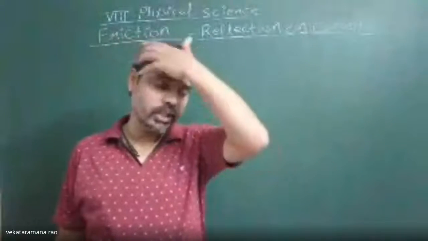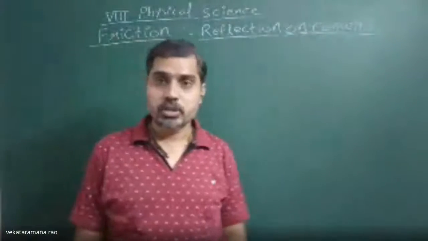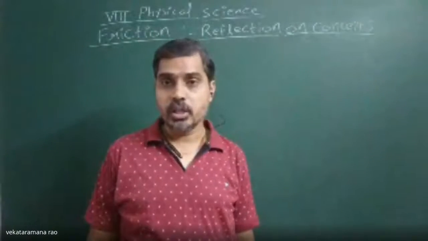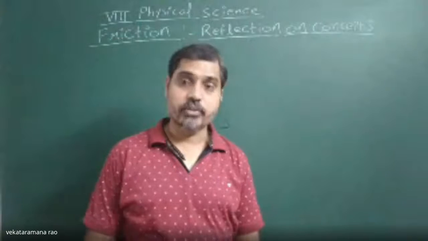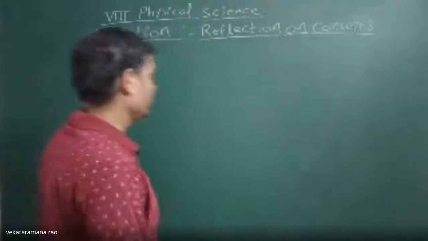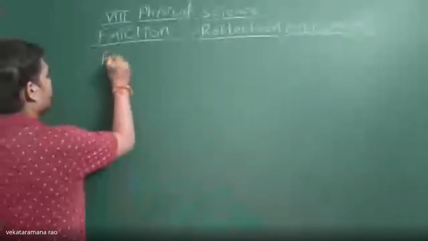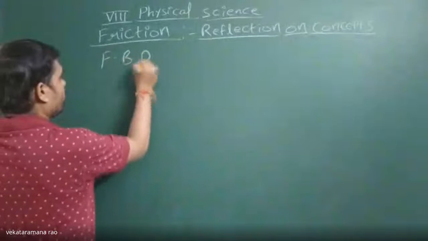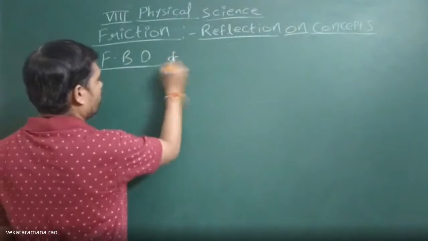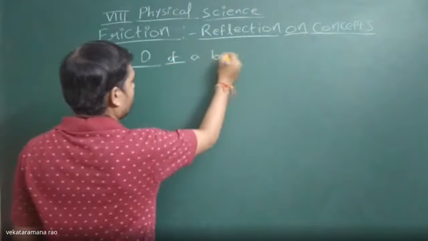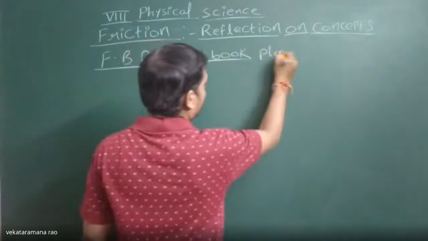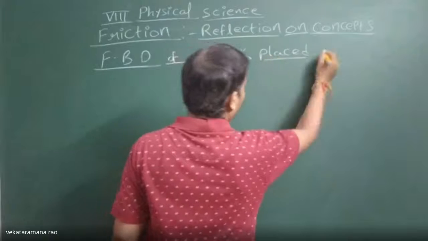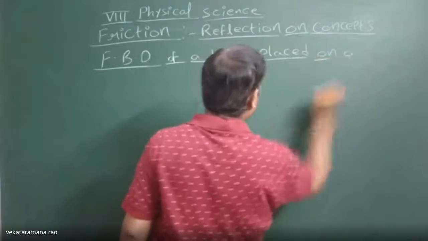How many forces act on that book, we have to draw in a diagram, which we call an FBD, free body diagram. So they are asking us to draw the FBD, free body diagram, of a book placed on a table.